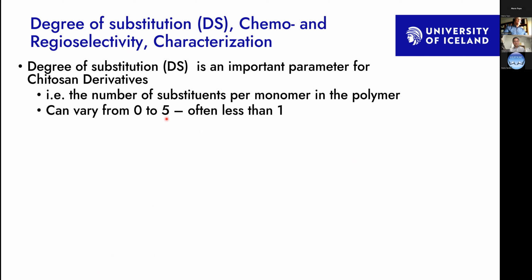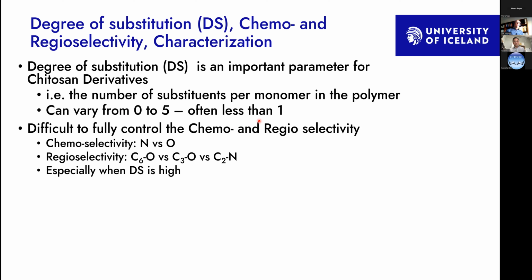And this can vary from 0 to a maximum of maybe 5. There can be 3 on the amino group and 1 on each of the hydroxyl groups, but in many studies it is often less than 1. But it's very important that this value is reported. Unfortunately, sometimes the researchers do not.